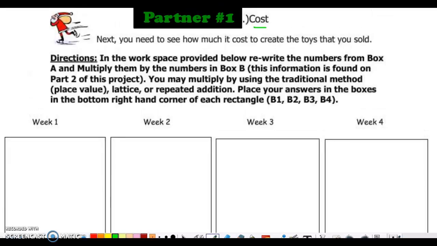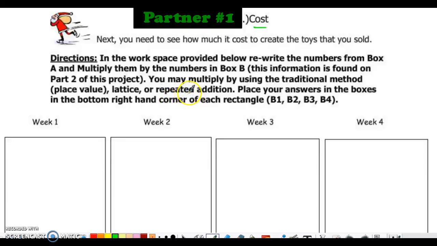You're going to create all of your work, and you need to take the numbers from box A and multiply them by the numbers in box B. This information is found on part 2 of the project, which again was completed earlier. You may multiply by using the traditional method of place value, multiply the ones, tens, hundreds, or you can multiply using lattice. You could also use repeated addition, however you'd like.